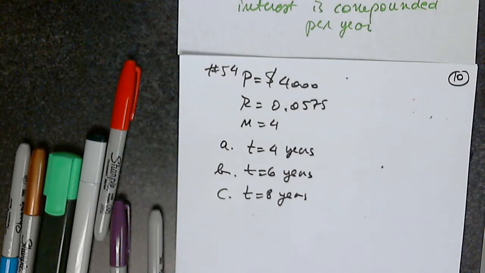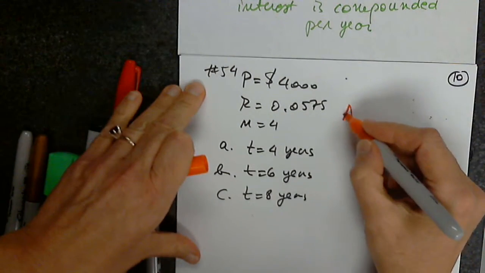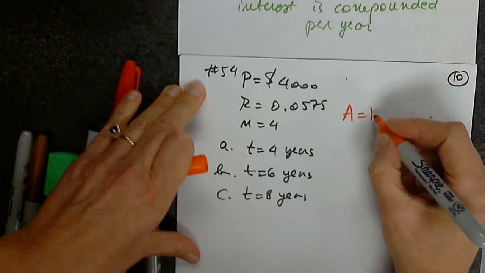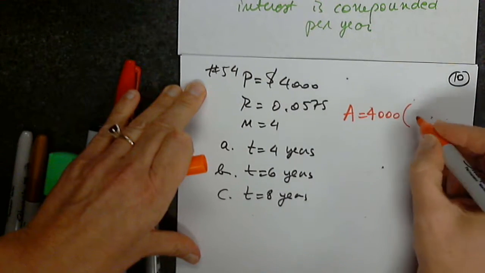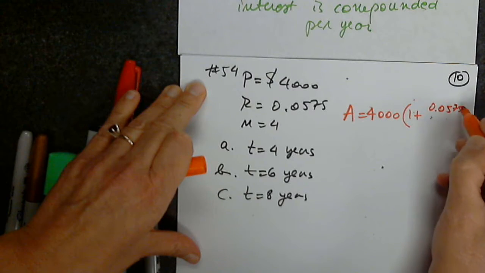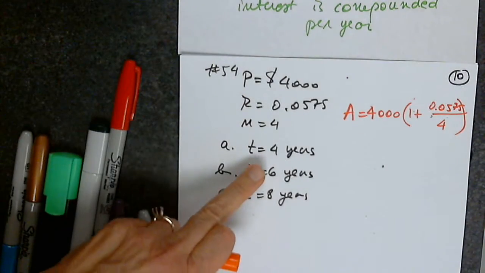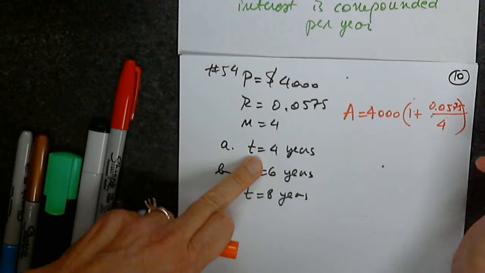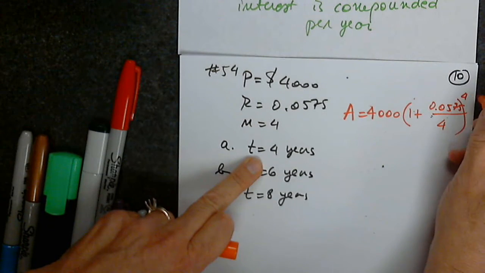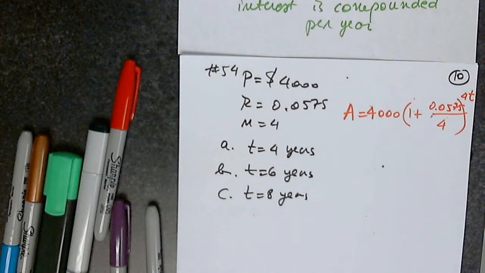So let's put it in the formula and then use the graphing calculator. I'm going to write A equals P, which is 4,000, in parentheses 1 plus R, 0.0575 divided by 4, and the power will be 4 times T. So let's go to the graphing calculator.